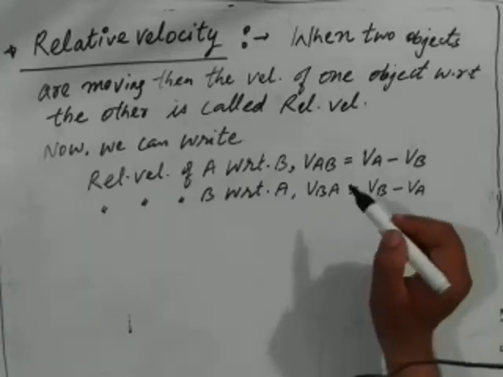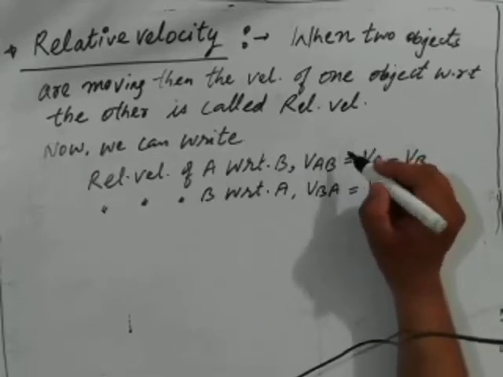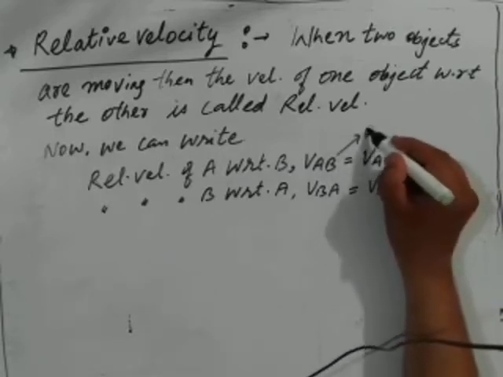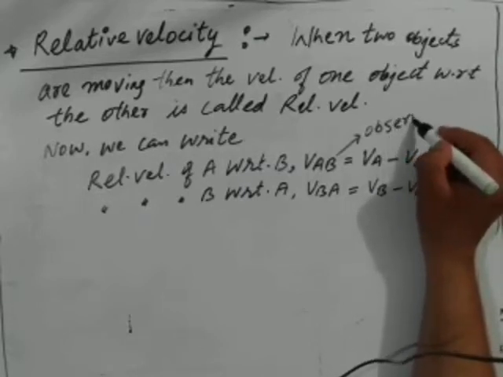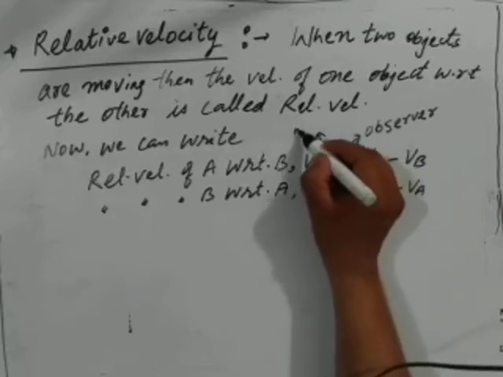Now if we consider these two situations, in the first case, B is called the observer, and A is the moving object.